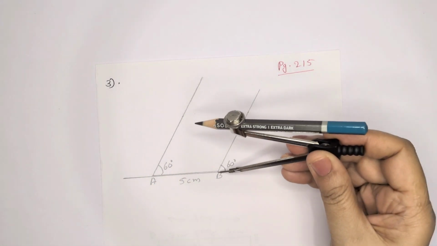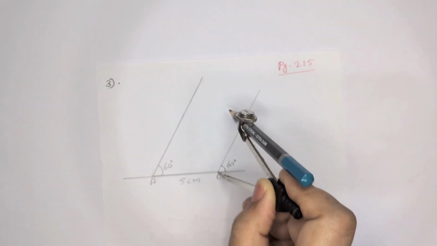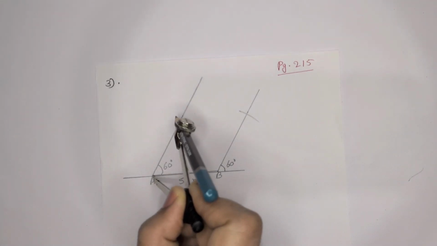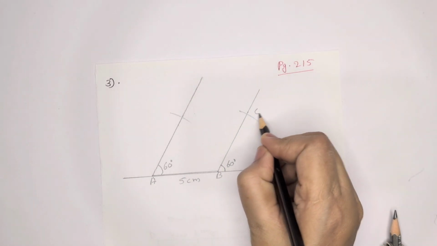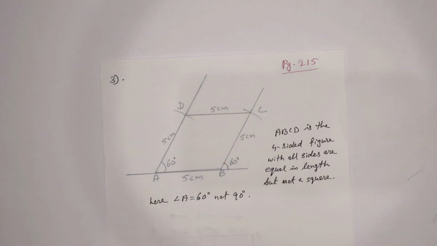Now take 5 centimeter in your compass and mark on that line from B and A. Here we are getting 2 points that we can mark, that is C and D. Join CD.